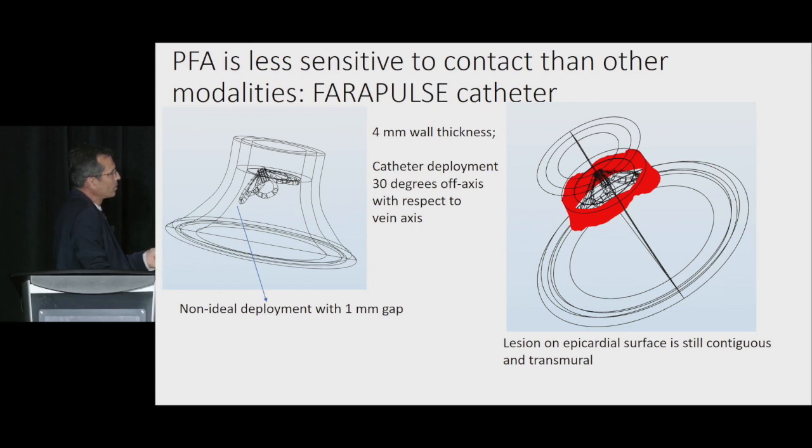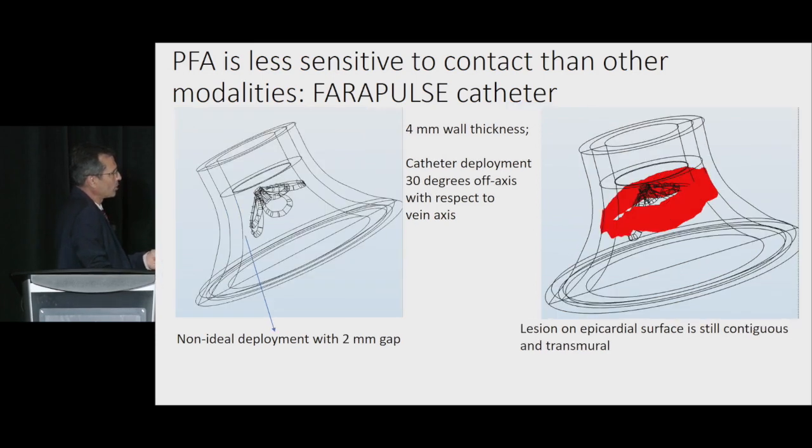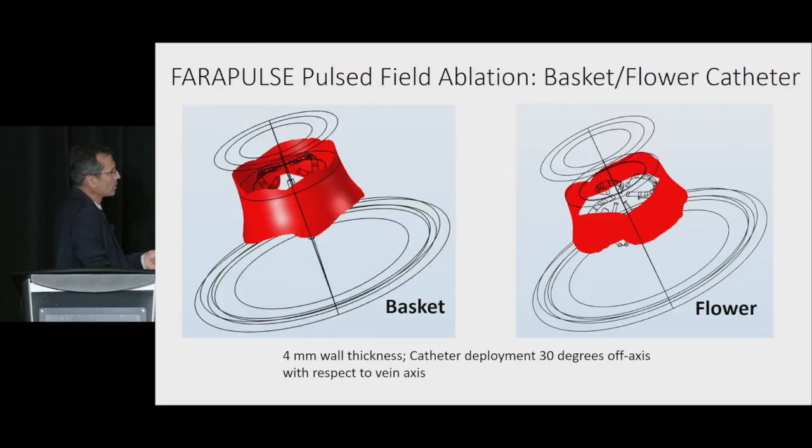It's pretty robust to lack of contact as well, as long as the gap is not too big with the tissue. 1 or 2 millimeters would still give you a very good lesion as shown here. This is 30 degree off-axis with a 2 millimeter gap, and yet you have on your simulation a completely circumferential lesion. You can also play with the deployment of the basket catheter into a basket configuration or a flower configuration, and both are providing some nice lesions here.